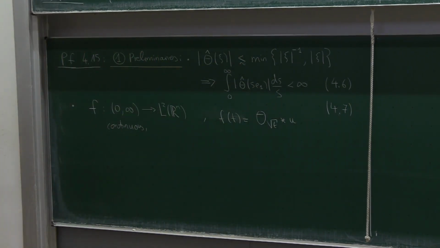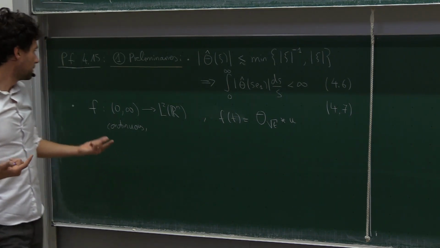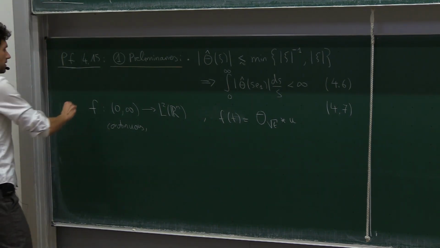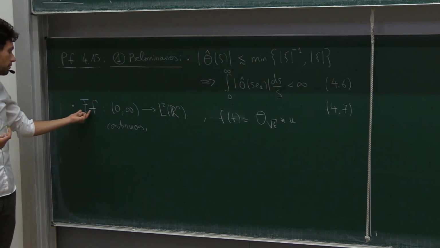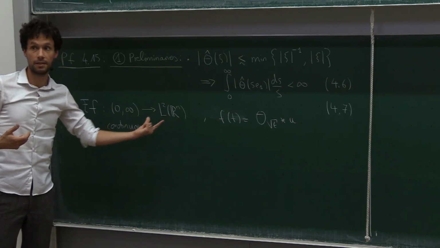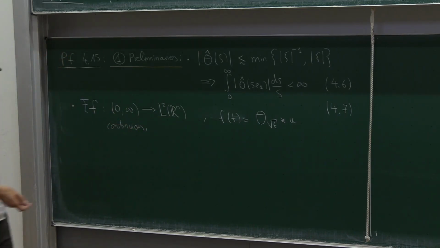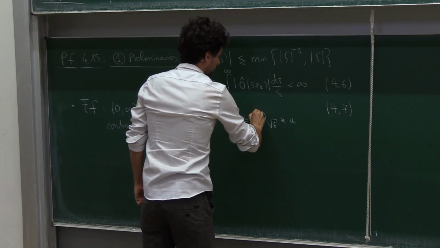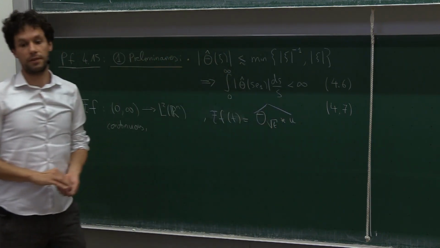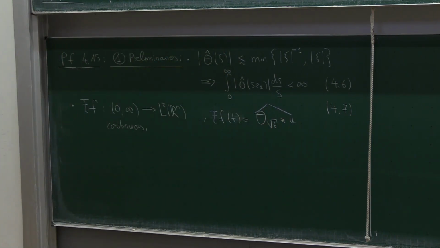This function should be continuous, and I want to say the vector valued integral exists because the Fourier transform is an isomorphism on L2. Having continuity of this thing is just as good as looking at the Fourier transform of f, where this Fourier transform is the Fourier transform on this space. So it's pointwise for every t, and then I have to prove that the Fourier transform of this whole thing is a continuous function valued in L2. That's the same thing. Okay, but now what's the Fourier transform?